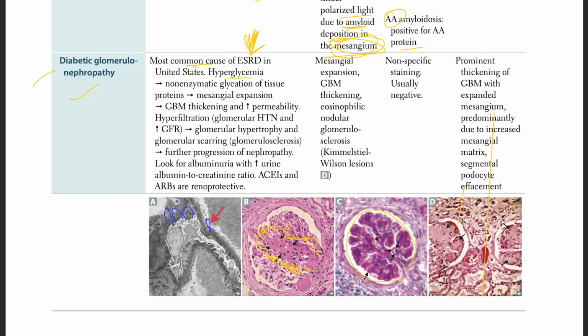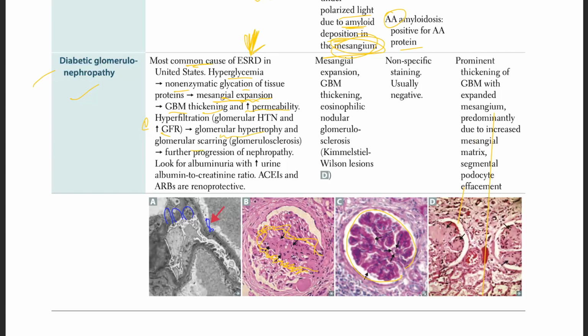Hyperglycemia causes non-enzymatic glycation of tissue protein, leading to mesangial expansion, which causes glomerular basement membrane thickening, which causes an increase in permeability, hyperfiltration, glomerular hypertension, and increased GFR, leading to glomerular hypertrophy and glomerular scarring, glomerulosclerosis.